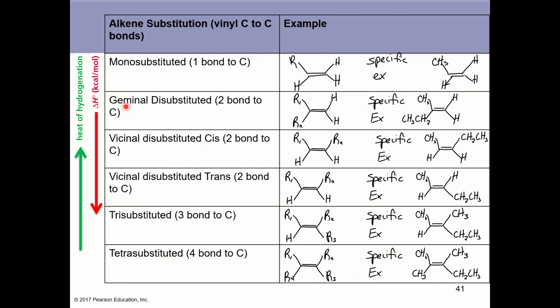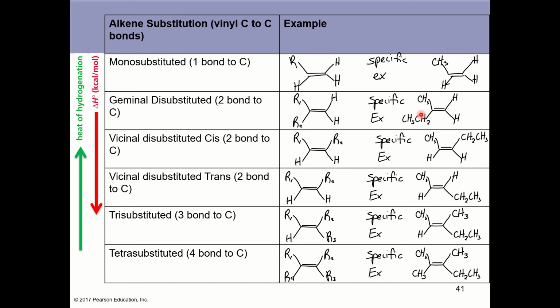Next, we have geminal disubstituted. This is 2 bonds to carbon, and geminal means that those bonds to carbon occur from the same vinyl carbon. So this is what the geminal disubstituted looks like. We have vinyl carbon, and that one vinyl carbon has two single bonds to carbon.